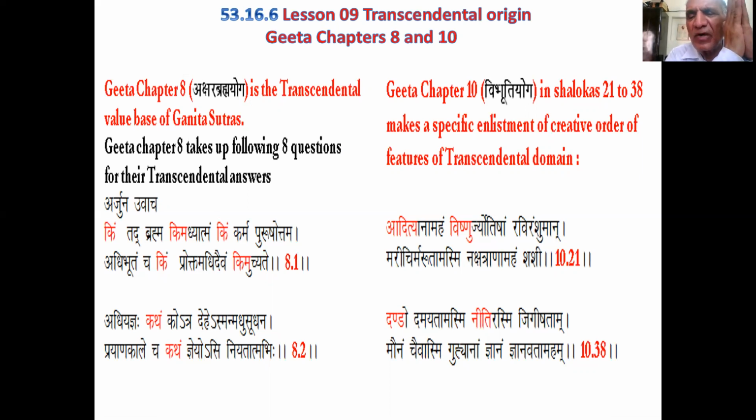The shlokas 21 to 38 list these specific transcendental domain whose core is of a creative dimensional order. And shlokas 1 and 2 of chapter 8 raise the basic creative mathematical domain questions which are answered in the transcendental domain.